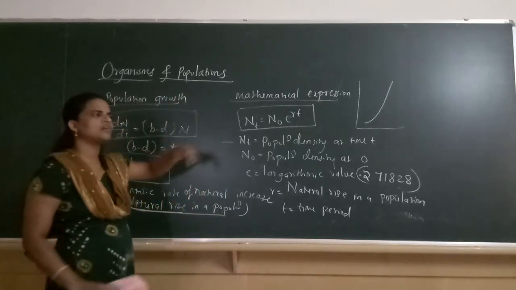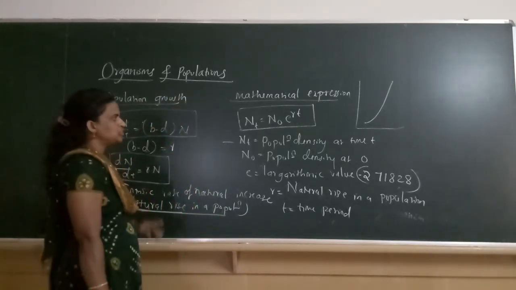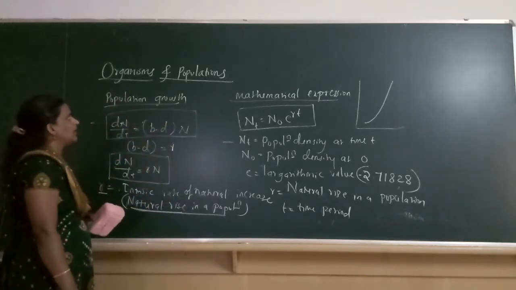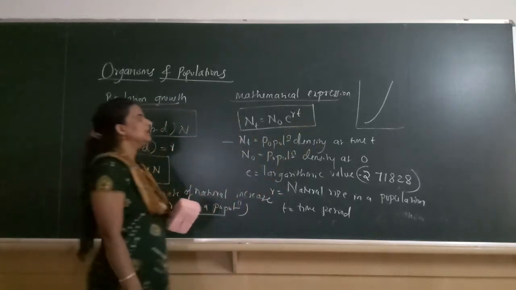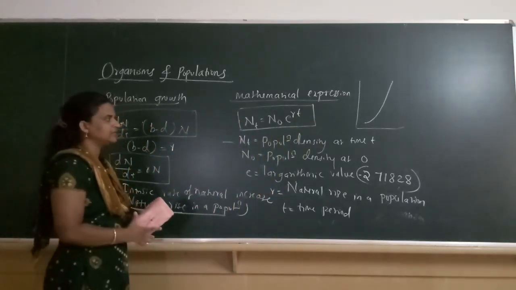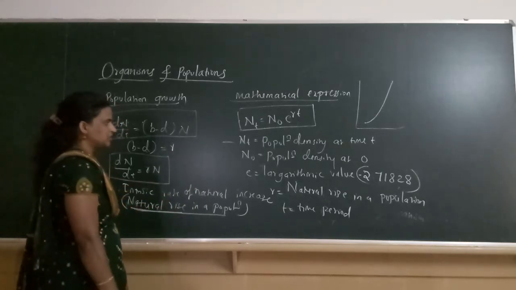Exponential means fast growing, continuously growing. So that is called exponential growth curve. This is the simple formula and the mathematical expression of the exponential growth curve, and it is very important for 3 or 4 mark questions.